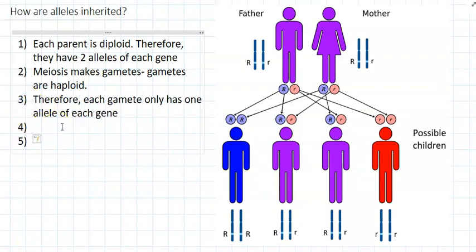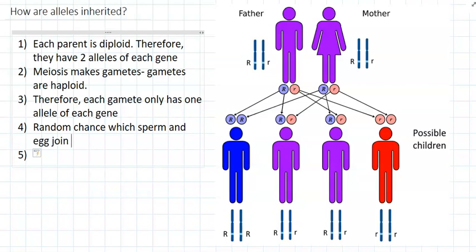Next, once the gametes have been made, then it's a random chance which sperm and egg cell actually meet together and join during fertilization.